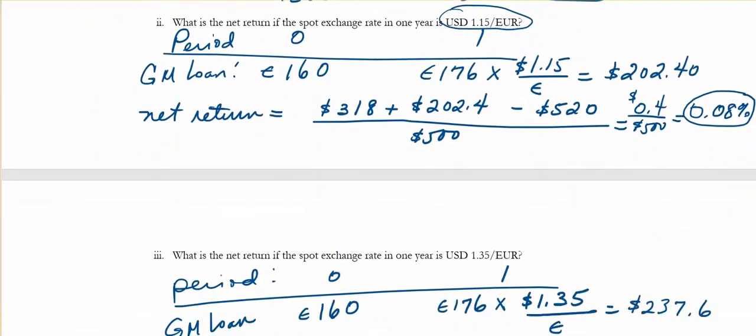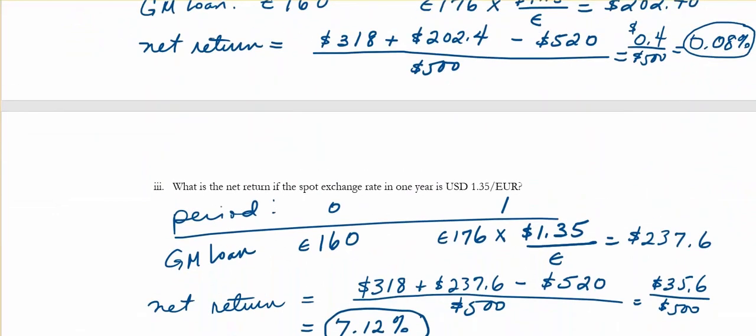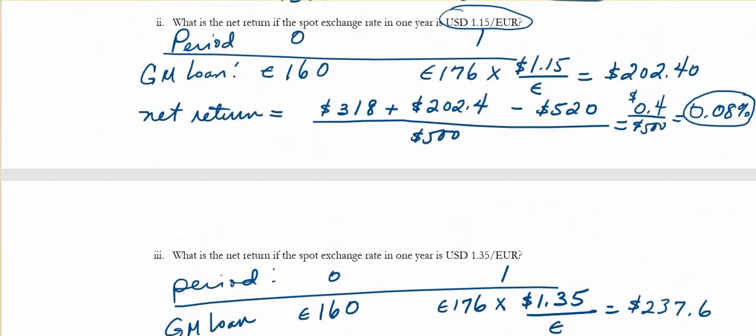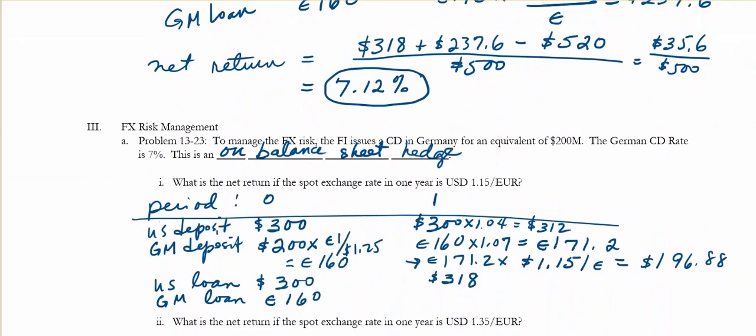We had worked out that if the euro were worth $1.15, that would be worth $202.4 million. So just look back at part 2 of the previous problem. I'm just going to write that here.